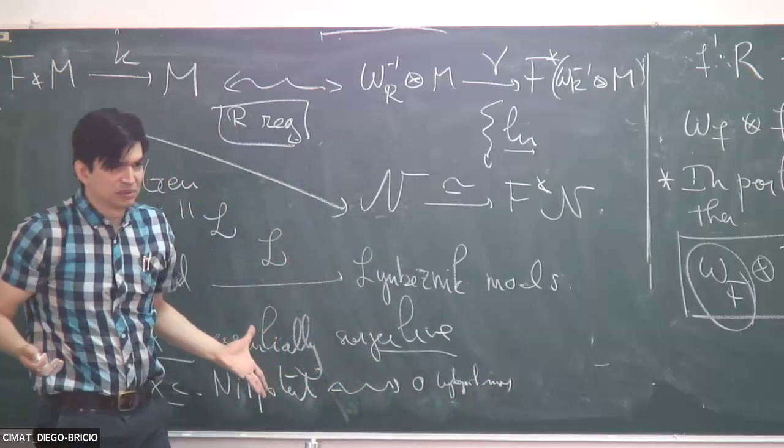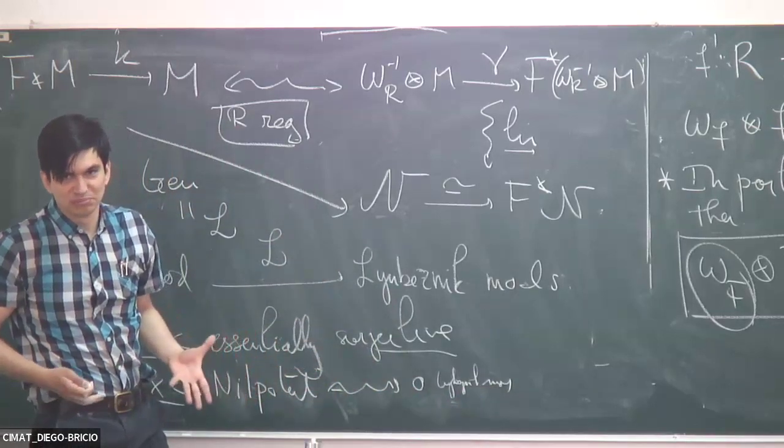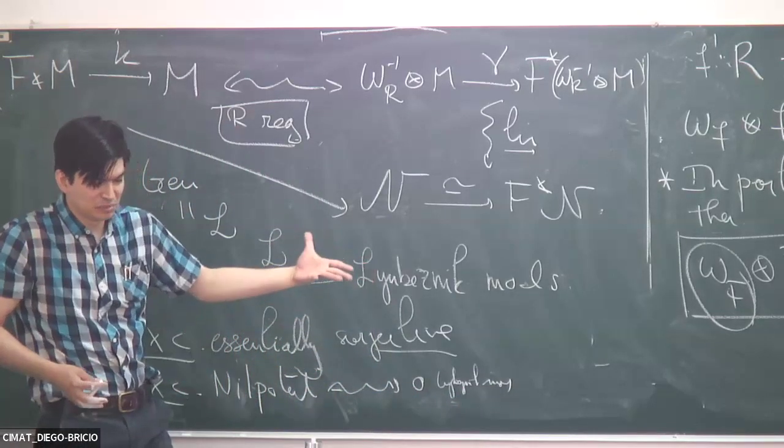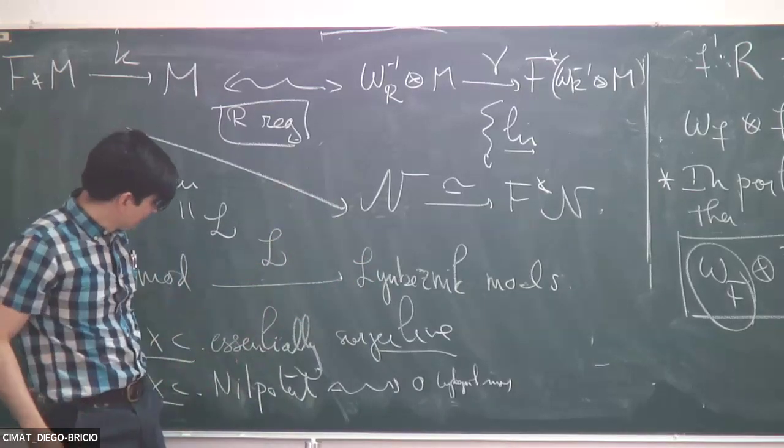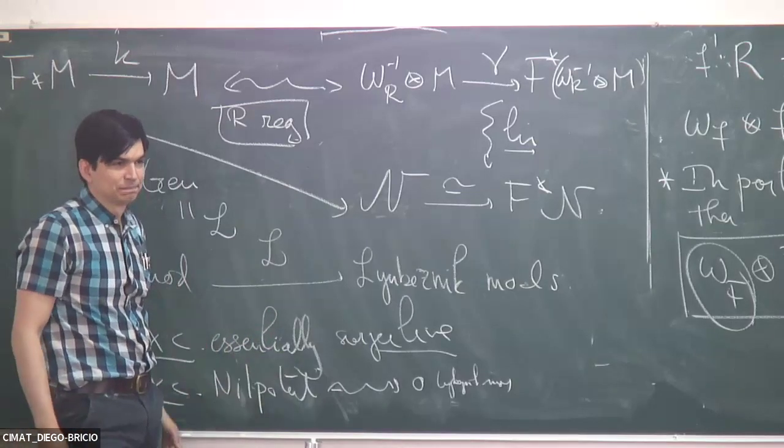Notice, zero is a vesting module. The zero module, its pullback is zero, and that's an isomorphism. It just so happens.